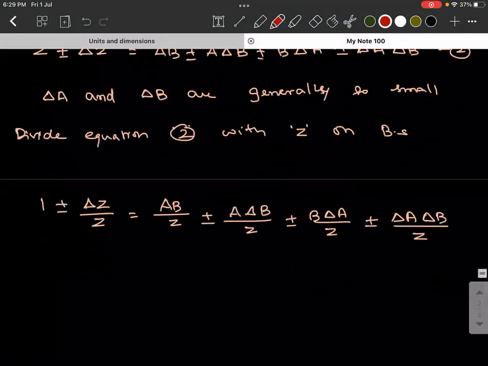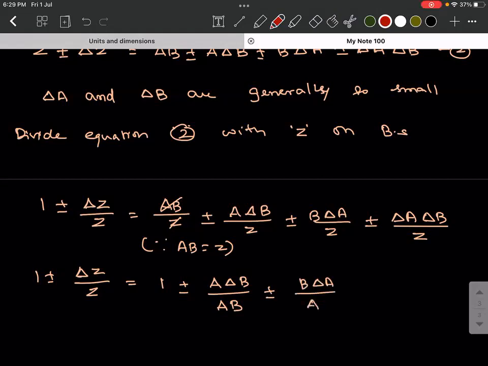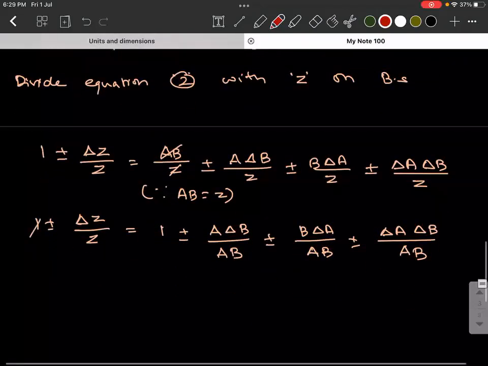Now see. 1 plus or minus delta Z by Z is equal to what? AB and Z are related how? A into B is Z. So can I cancel this and this? Since AB is equal to Z, I cancel it. So I get a 1 here, plus or minus A into delta B by Z. Now, A into delta B divided by Z, I can write as delta B by B. Plus or minus B delta A divided by Z, I can write as delta A by A. Plus or minus delta A into delta B divided by Z, I can write as delta A by A into delta B by B. So 1 and 1 are gone.